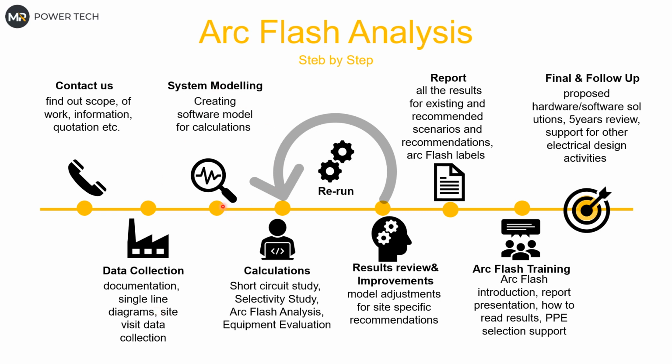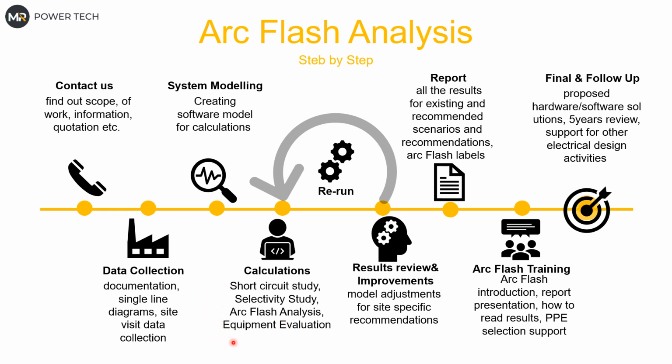Then we create the model in software. Usually it's in software because it's easier to handle it properly and also to modify it later. I would say you can do it manually, you can do it by hand, but for bigger systems or typical factories, it's better to do it with software. We run calculations, so as a basis there is a short circuit study, selectivity study, arc flash calculation, and equipment evaluation.